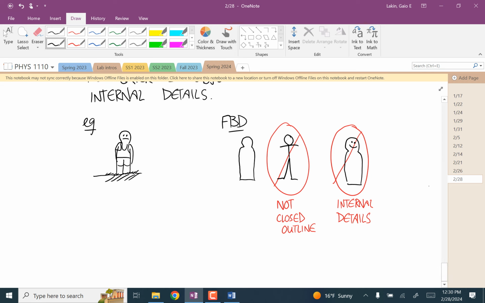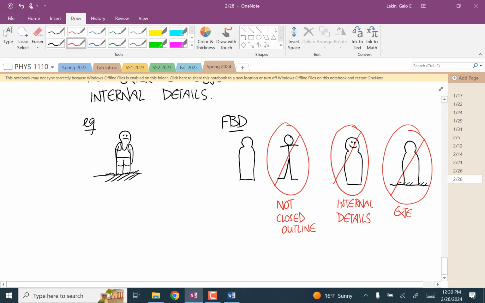And don't do this because the ground and the grass are external objects. And it just gets confusing. Like, now do I have to worry about the forces that are being applied to the grass? That's the kind of ambiguity that we're trying to clear up with this diagram. Okay?